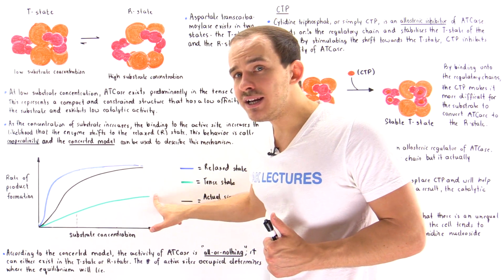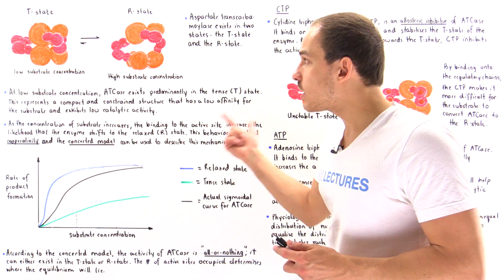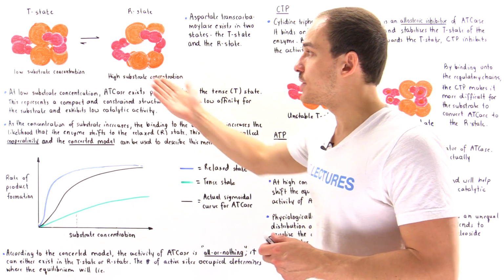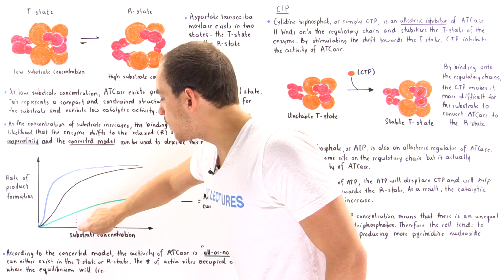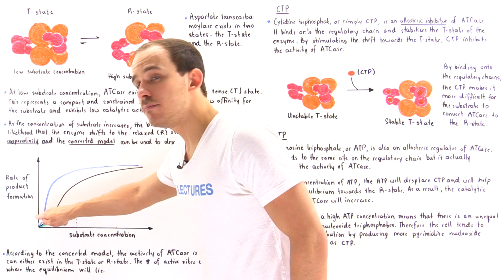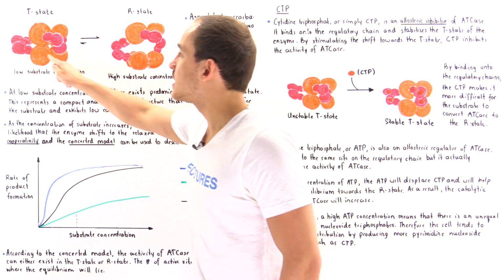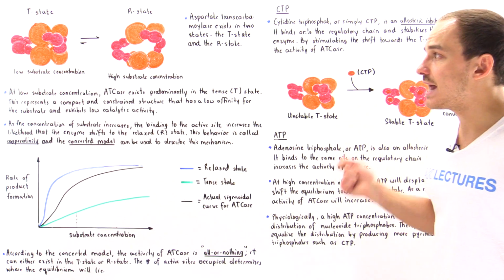And it's this green curve that describes the Michaelis-Menten curve for this particular enzyme, for this particular quaternary structure. And so notice, at some particular substrate concentration, the rate of activity will be low, and that's because the active sites of the enzyme have a low affinity for that substrate.